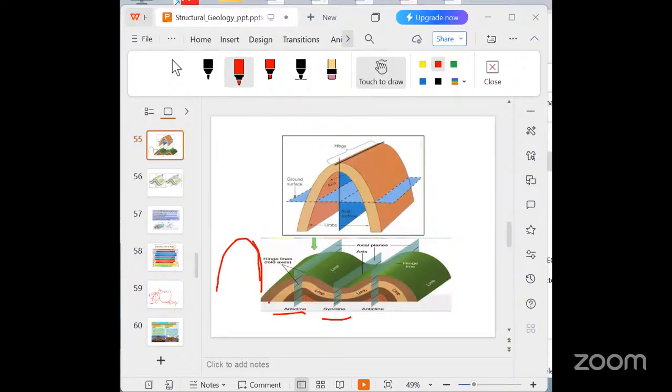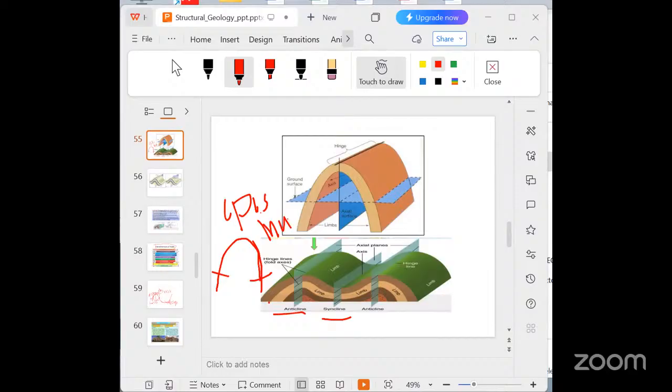In Greek, anticline means opposite incline, referring to the two limbs. So these two limbs dip away from each other, right? So this is the anticline.